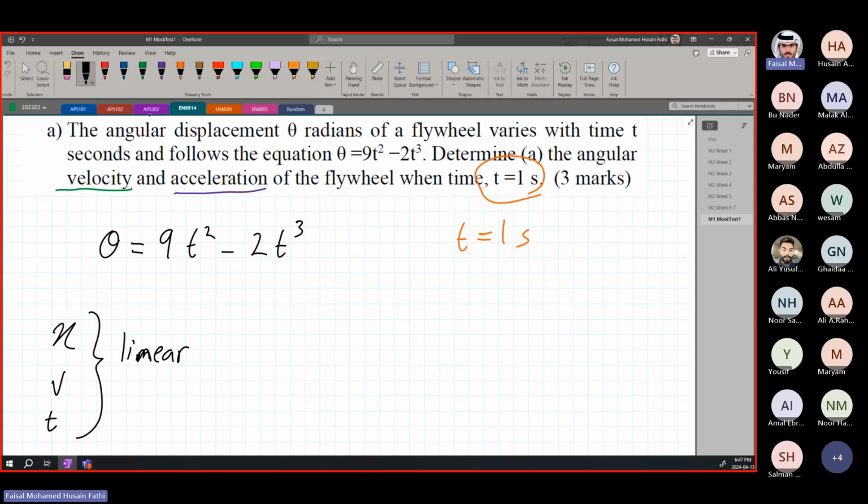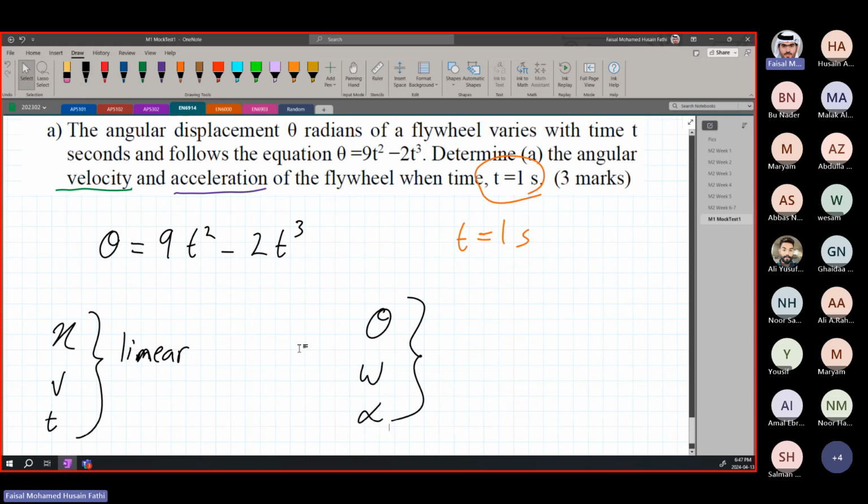When we're talking about angular displacement, we're going to go from theta to omega to alpha, all right? It's just different letters, but it's the exact same concept. This is angular velocity, this is angular acceleration, and this is angular displacement. Yani it is going in a circular motion. That's basically what that means.